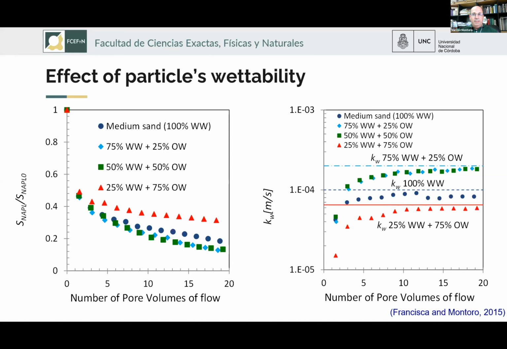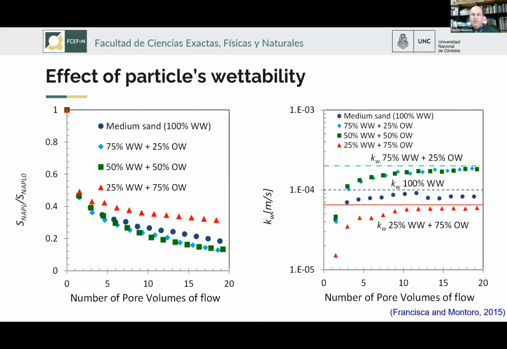Note that changes in the NAPL content during the displacement process are very similar for the specimens containing 25 and 50% of oil wet grains, while a significant increase in NAPL final saturation is observed when the amount of NAPL wet grains increases to 75%.